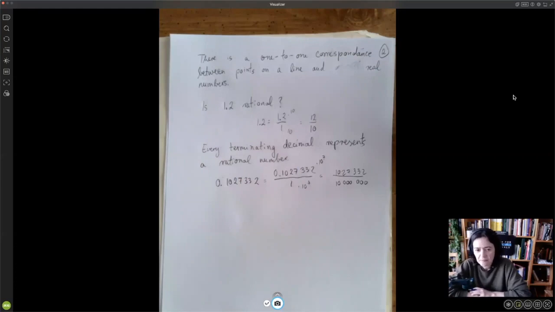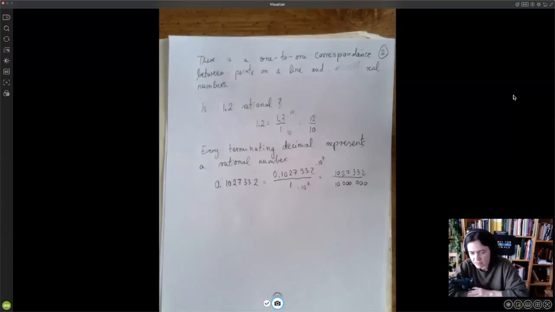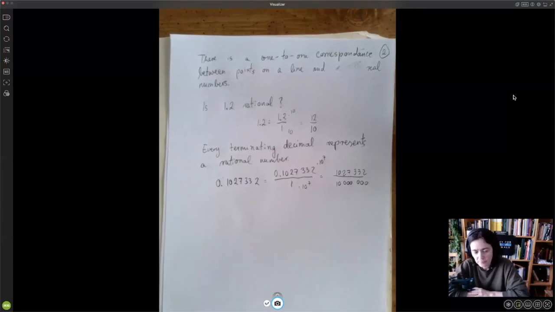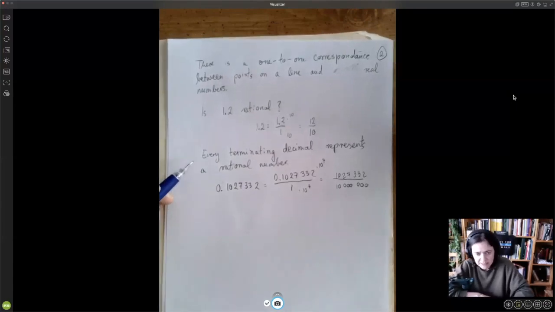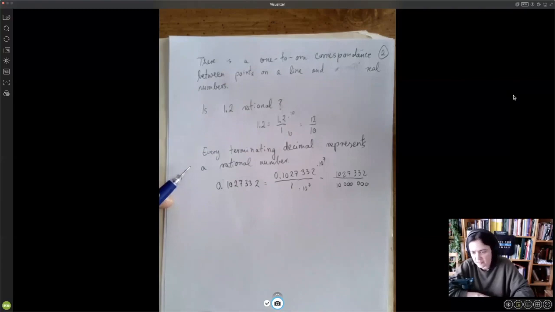So whenever I ask you to convert a decimal to a quotient of integers, you never have to simplify it, because the point is that it exists. You don't have to find the best one. So I hope we're convinced that terminating decimals always represent rational numbers.